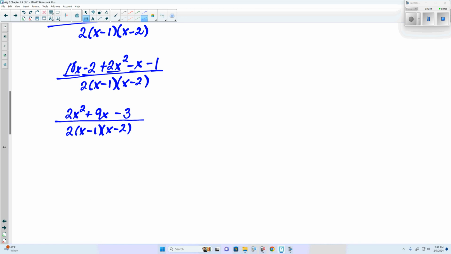Questions on this here? Well, we need to see if we can factor 2x squared plus 9x minus 3. Most likely not, but we can check. The way we can check it is with our b squared minus 4ac, because this is about a third of the quadratic formula.